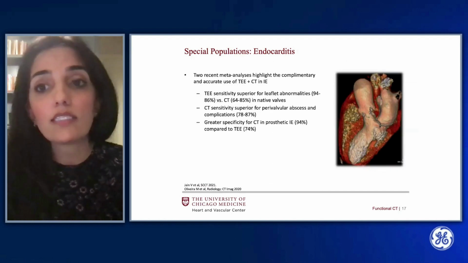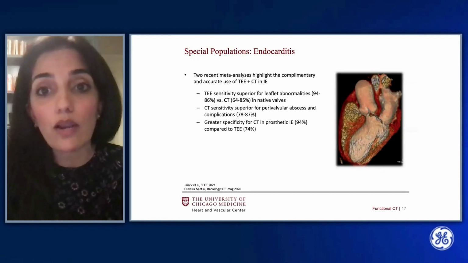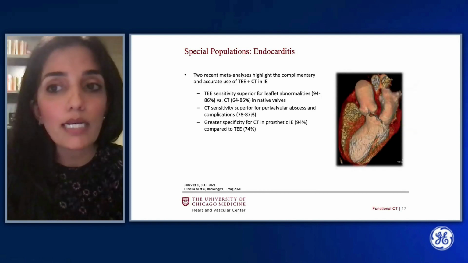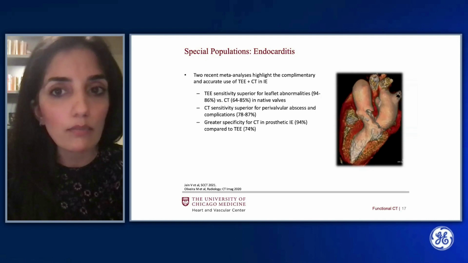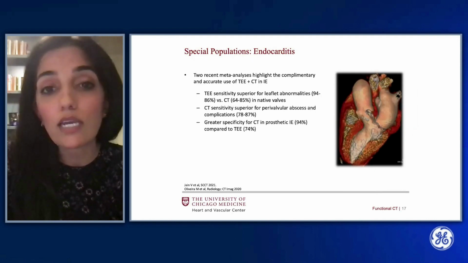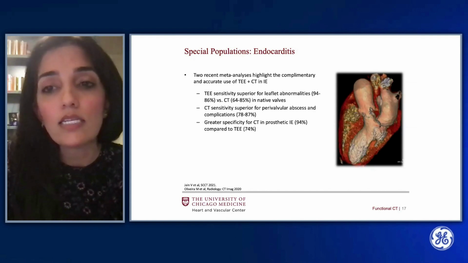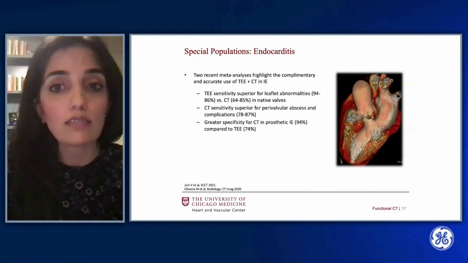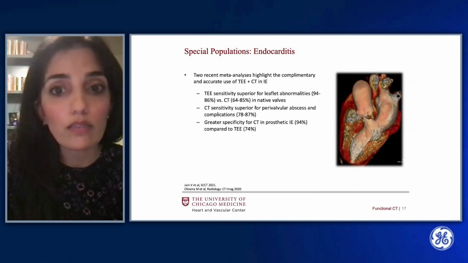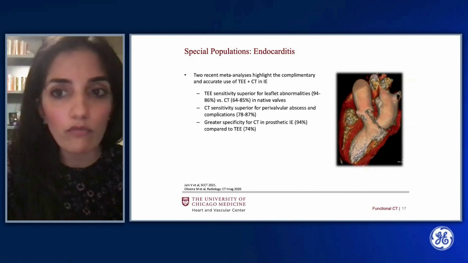We fortunately have recent data to support the use of CT in this practice, with recent meta-analyses pointing to the likely benefit of a combined TEE and cardiac CT approach, with TEE superior in the detection of leaflet abnormalities for native valves, CT superior for detection of abscess and complications, and a higher specificity of CT overall in prosthetic valves, for reasons we've already reviewed.